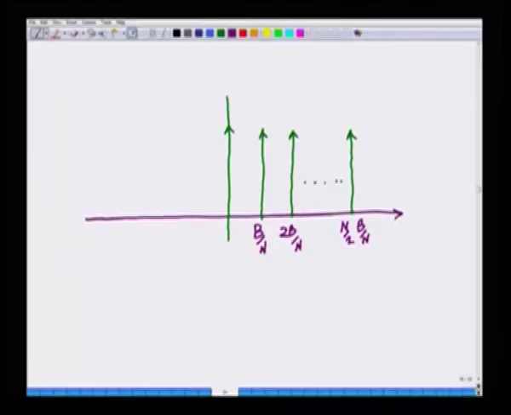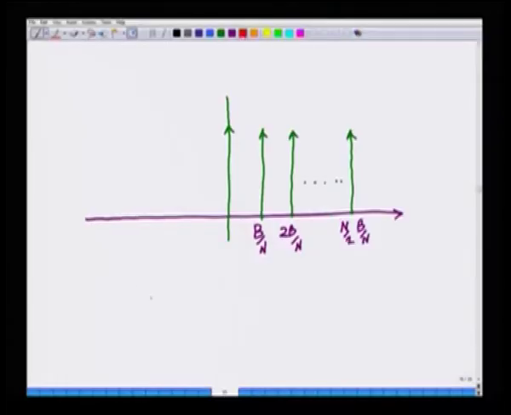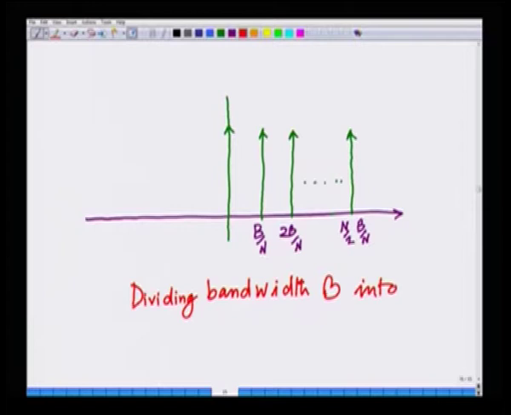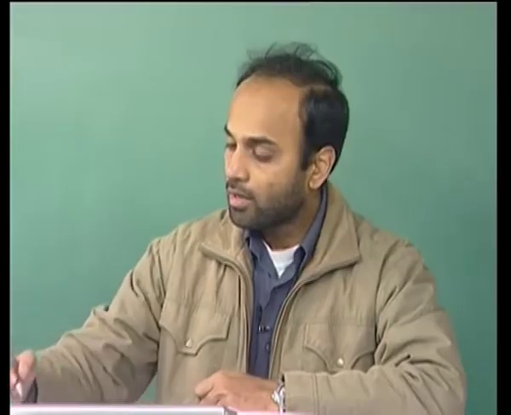In fact, these carriers occupy smaller bands, so these are known as subcarriers. So, I am dividing the available bandwidth B into n subcarriers.